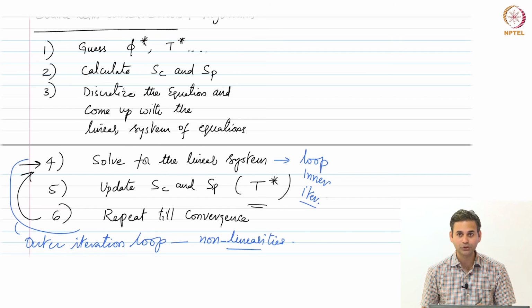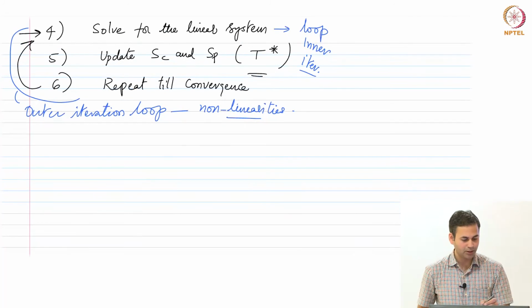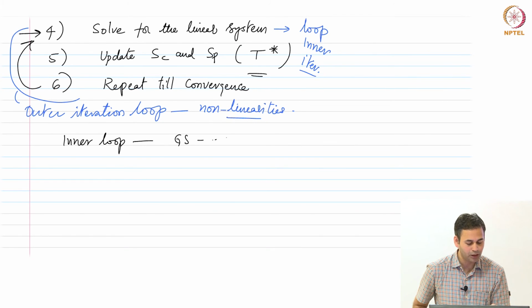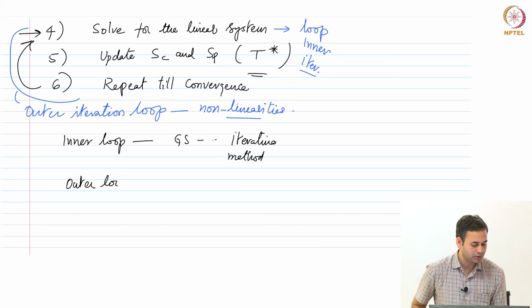So this will be a direct solver, but still I have to have iterations for the outer loop, because of the non-linearities. So essentially we have two loops: one is the inner loop, which is because of Gauss-Seidel or an iterative method we are using, and the outer loop, which is required because of the non-linearities.